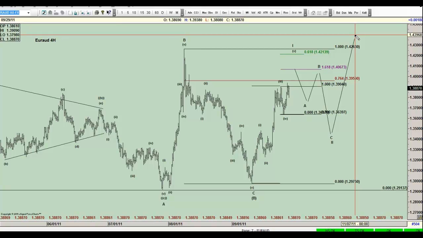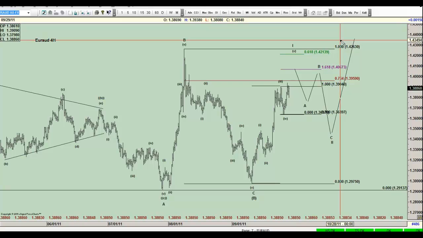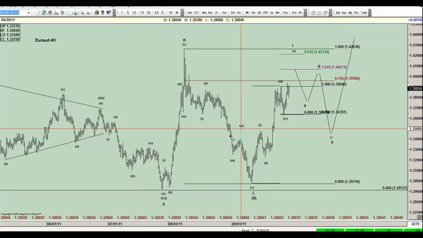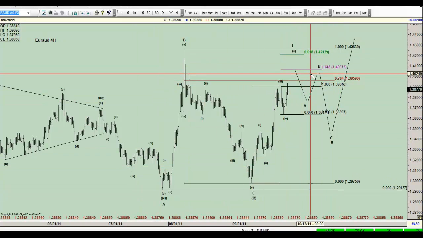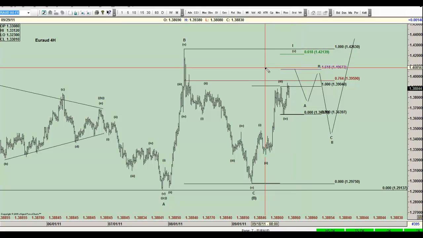Stronger against the Aussie, stronger against the CAD. So that's telling me that it's gonna be stronger against the dollar, don't you think? It's stronger against the pound. Now that's the Aussie. Target 140.67, 142.13 in extension. Now, what else do we see?